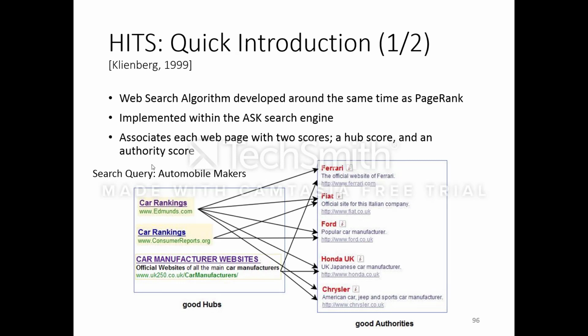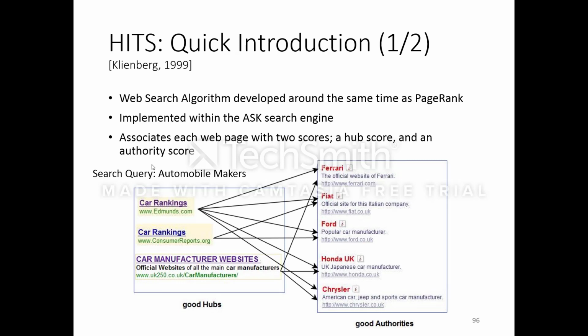The car rankings by Edmunds or whatever refer to a bunch of these automobile makers by way of links, and similar is the case with car rankings and car manufacturer websites. On the other hand, on the right hand side, Chrysler, Ferrari, Fiat, Ford and so on all have a lot of links from one or more of these good websites that maintain lists of automobile makers.